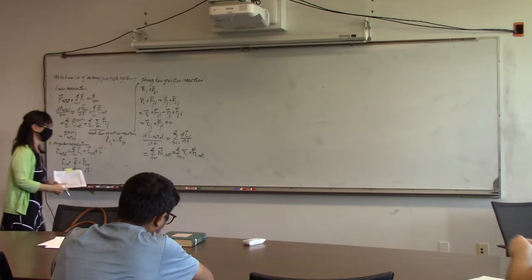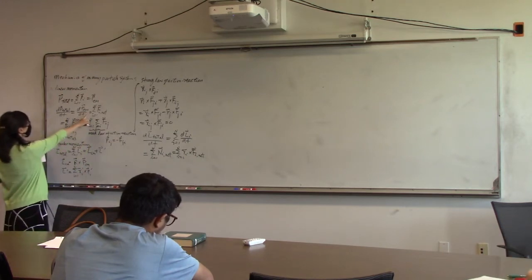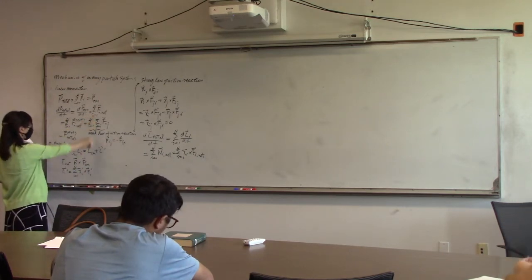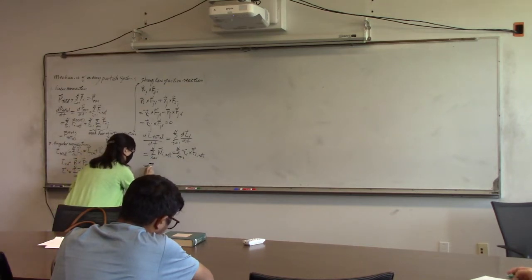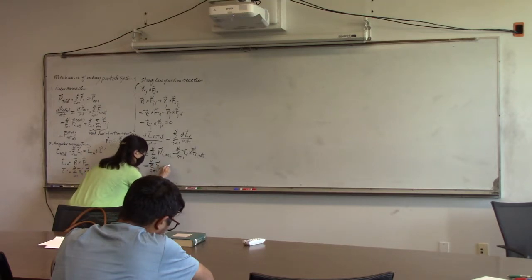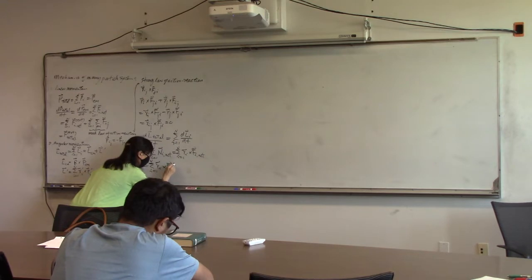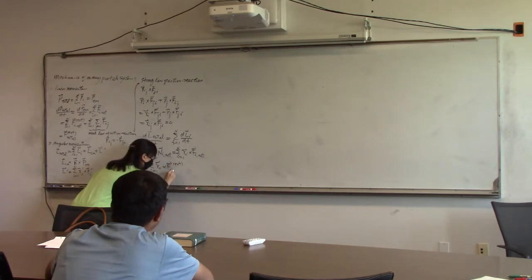Since we introduced internal and external forces, we separate this into two parts. That is the sum of r_i cross the external force on each particle.